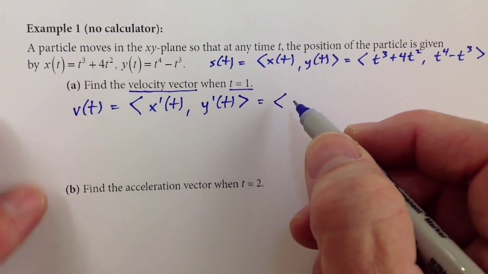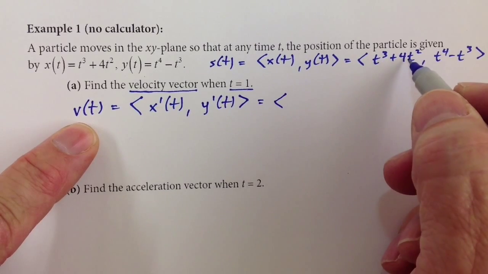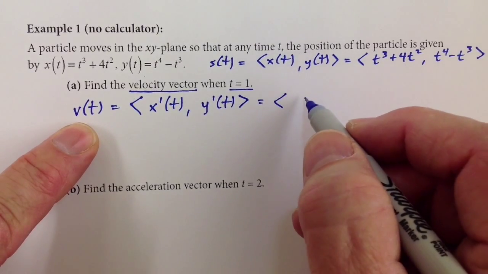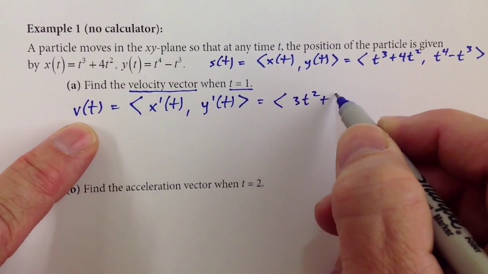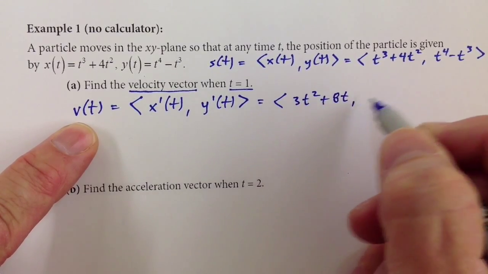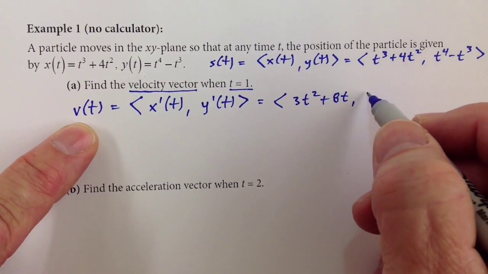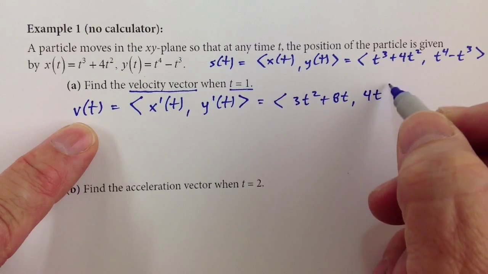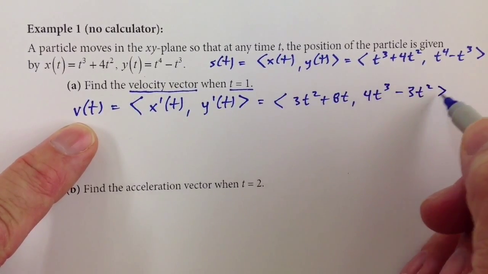And so the velocity vector is the derivative of our x component, which is 3t squared plus 8t, comma, the derivative of t to the fourth minus t cubed, which is 4t cubed minus 3t squared.